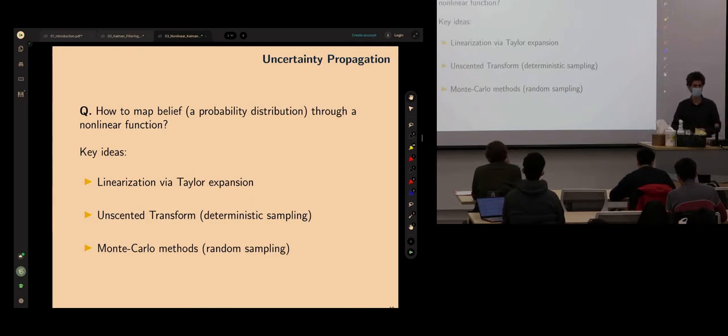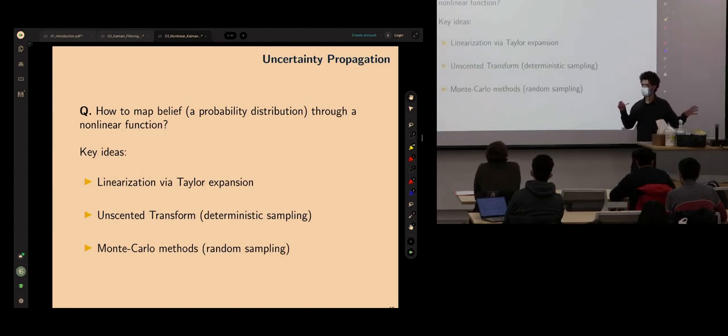And then basically you have built the histogram on the outside. So it's a way of generating a histogram in the domain and then getting another histogram in the range.